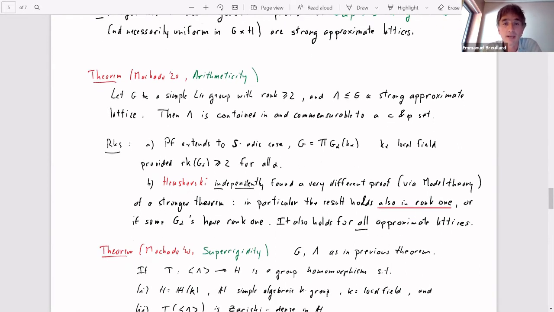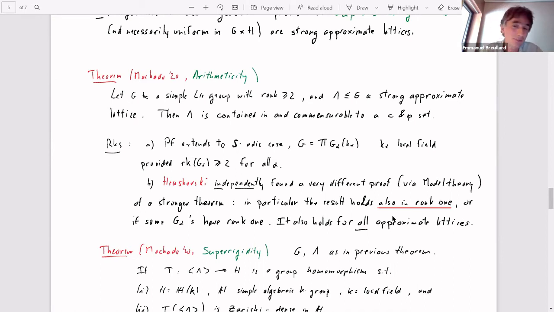Okay. While he was doing this, Hrushovski came up with a completely different argument for the same theorem, in fact a stronger theorem, in which he was able to remove the assumption of high rank. So in fact, also in rank 1, or if you have rank 1 factors, the theorem holds. That it holds in rank 1 was quite a surprise to us, because we thought that maybe in groups like SL2(R) you may be able to deform approximate lattices.